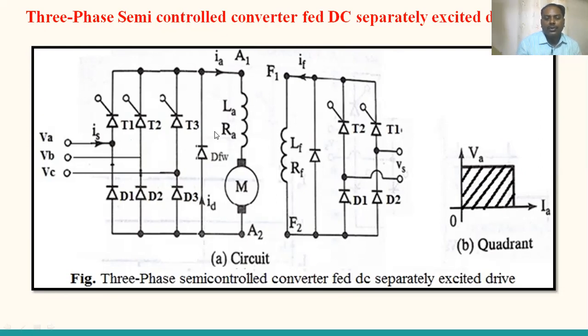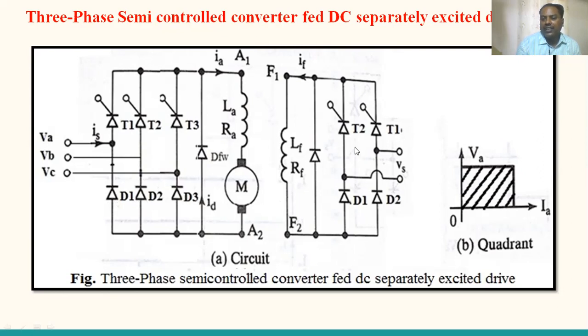So the armature is fed by a three-phase semi-controlled converter, which consists of 6 switches. Out of 6, the 3 upper switches are controlled switches and the lower switches are uncontrolled switches. The upper switches are T1, T2, T3 and the lower switches are D1, D2, D3, which feed the armature.